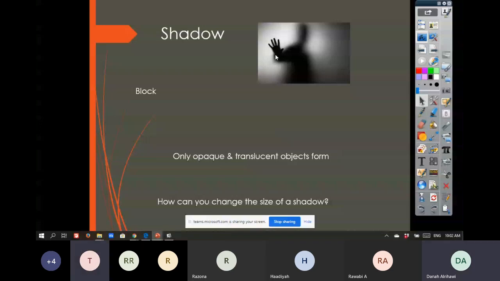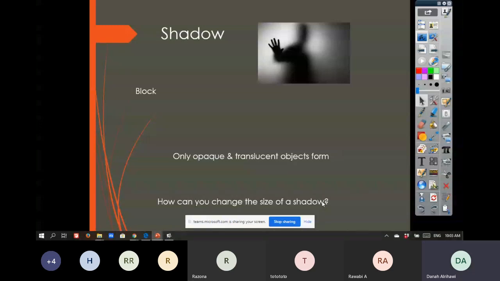It's shadow puppet. Yes, so we can control the size of the shadow without changing the object. How can we change the size of the shadow? Anyone know the answer? How can I change the size of the shadow without changing the object?